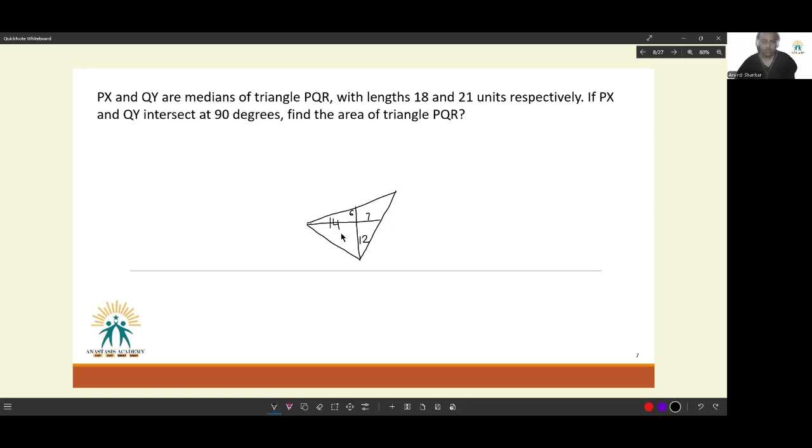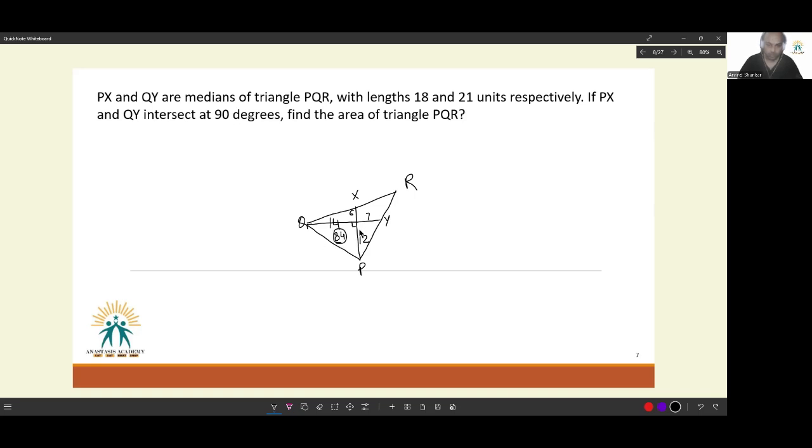Now again, because this is 90 degree, 14 into 12 is 168, half of that is 84.